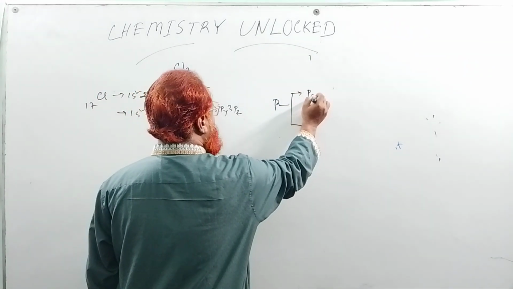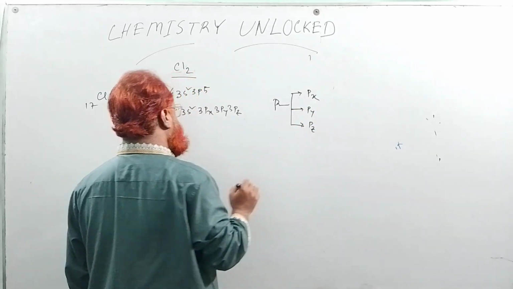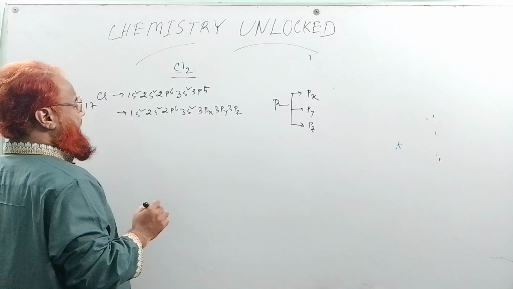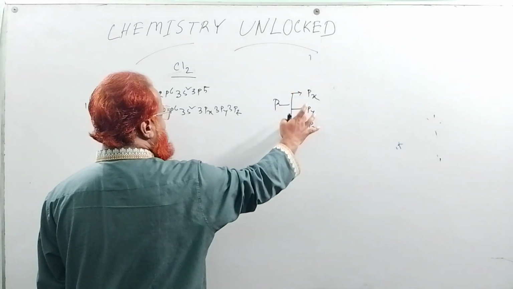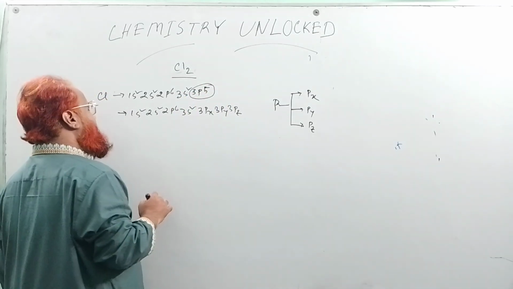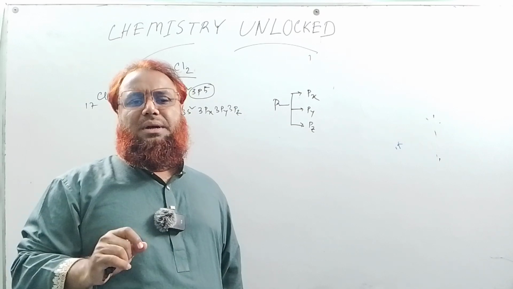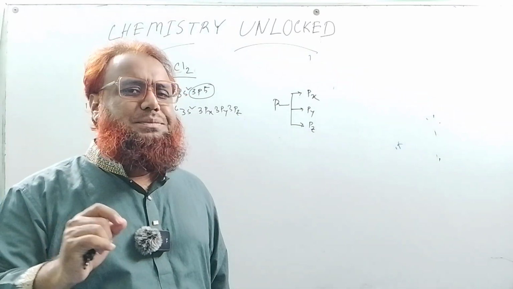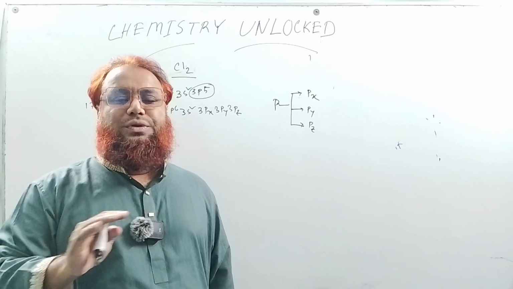Which are they? Px, Py and Pz. Now, in this 3p subshell, the total number of electrons is 5, and we have to distribute these 5 electrons among 3 orbitals.